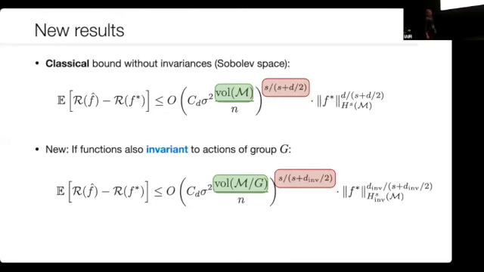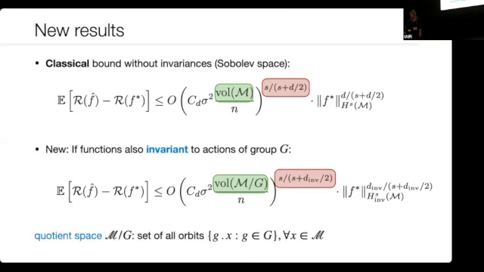Now the complexity of your function class decreases, and you have the volume of the quotient space here. If you don't know what this is, think about dividing that term by the size of the group if you have a finite group. It's as if you're multiplying your number of samples by the size of the group times n. So that's the first reduction that you get.